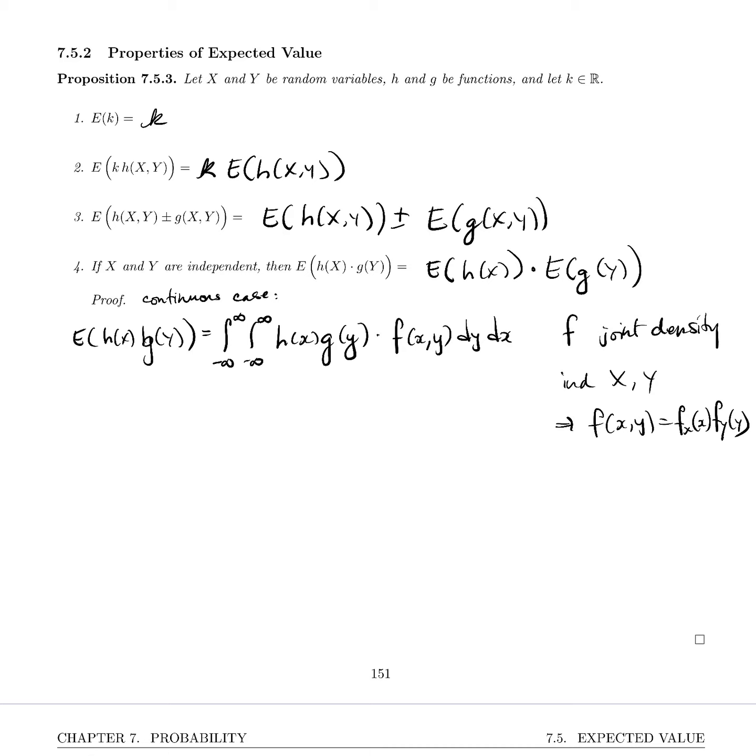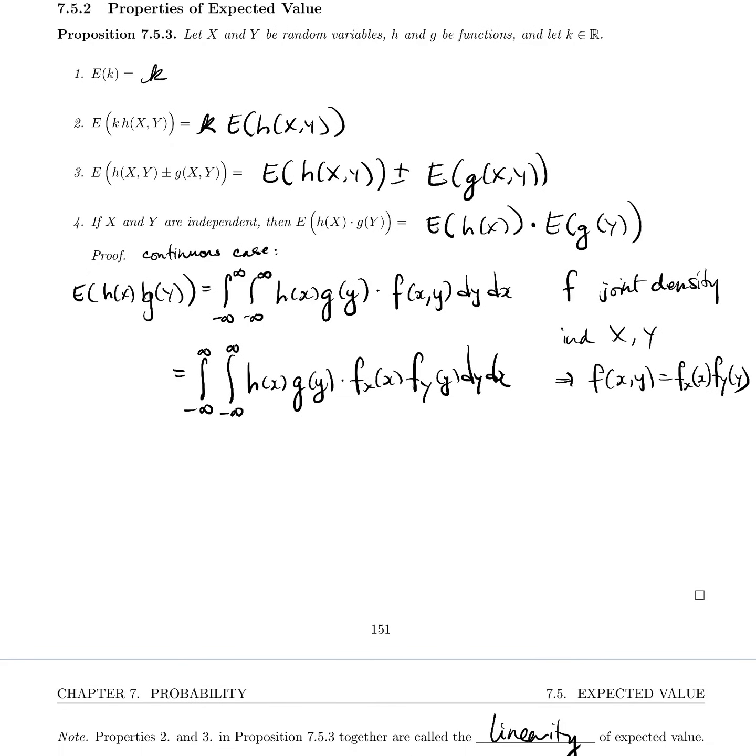So we're going to use that here. So we can rewrite our integral as the integral from minus infinity to infinity of h of x g of y, times f sub X of x and times f sub Y of y dy dx. Now we can group these things together.